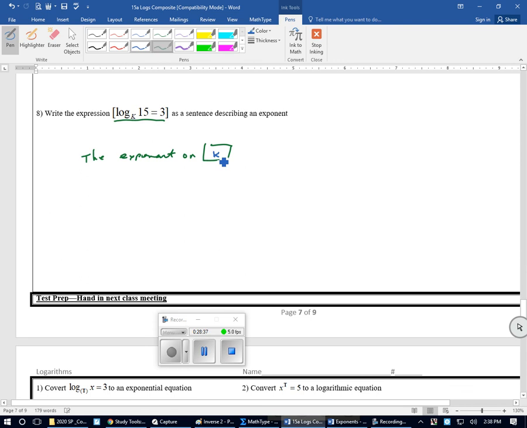K, that gives 15 is 3. The exponent on K that gives 15 is 3. That's how I'm going to phrase that on your homework and on your test.